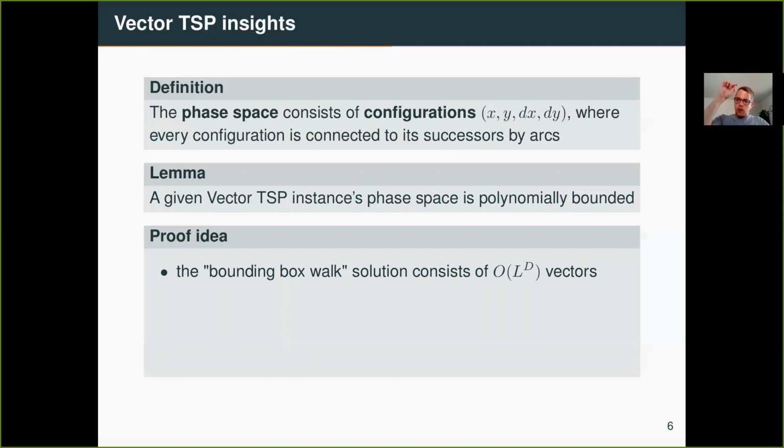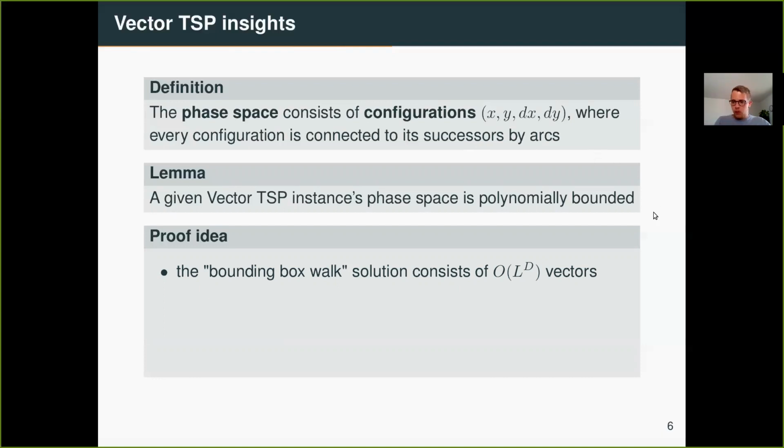And then you walk inside this bounding box at minimum speed, so at speed 1, or you can even consider speed 1, stop, speed 1, stop, speed 1, stop. And you go row by row, or line by line. You go over this bounding box, and then you go back to the start.